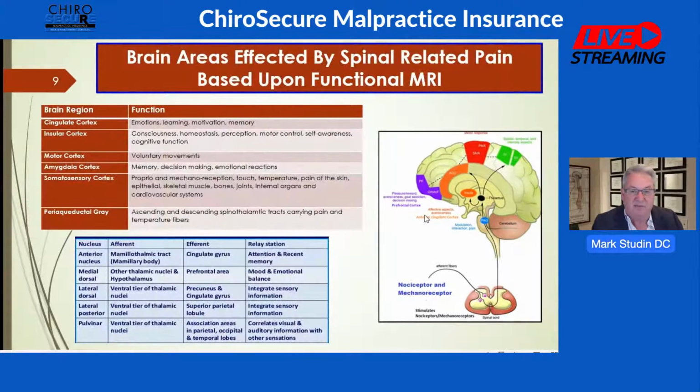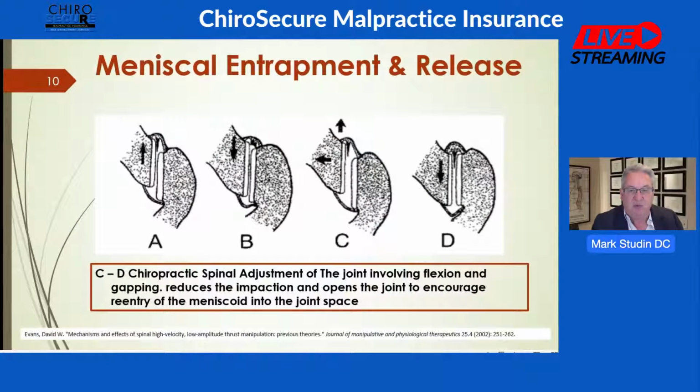So what we do then from here is we render a chiropractic spinal adjustment, a high velocity, low amplitude thrust. You have the meniscoid out of place. It's trapped in the joint capsule. When you deliver that high velocity, low amplitude thrust, it separates the facets and allows that meniscoid to reseat itself, stopping the facets from firing like cymbals.